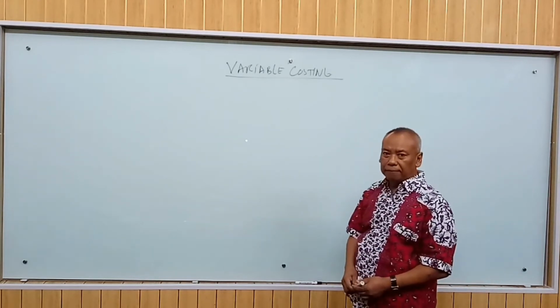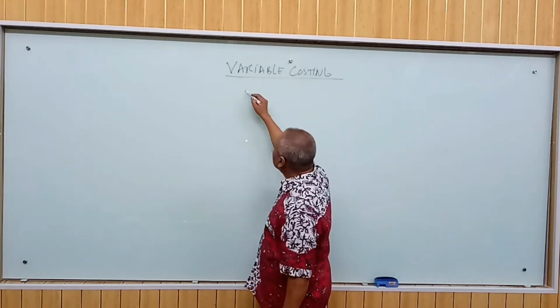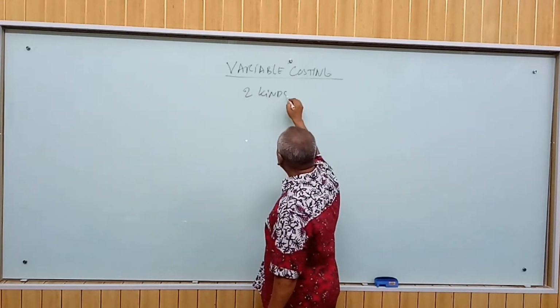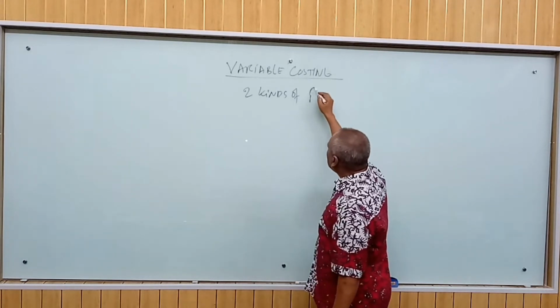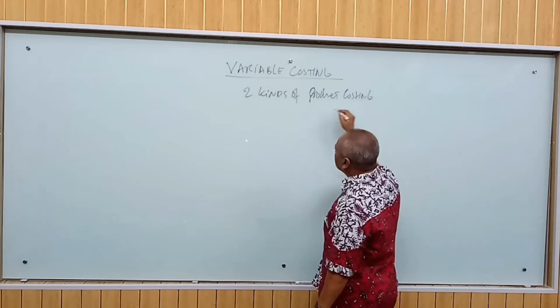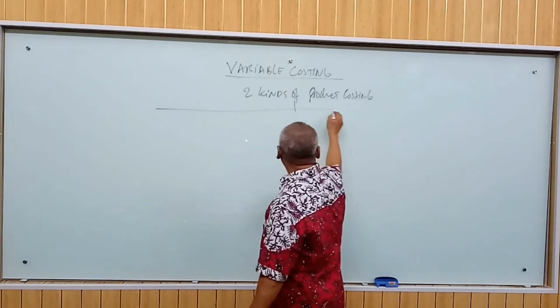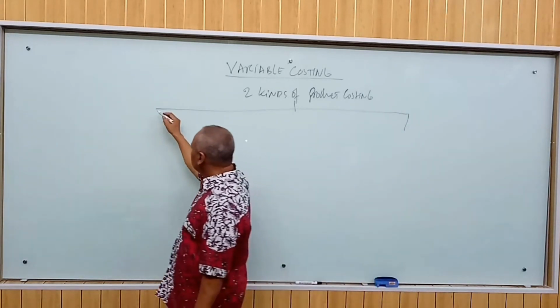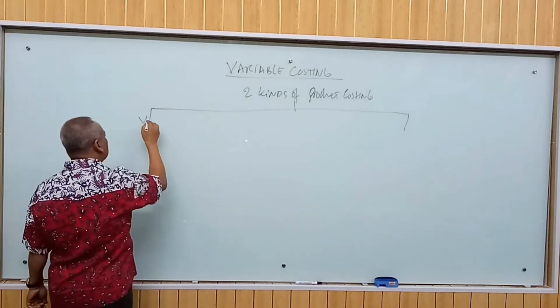Variable costing. There are two kinds of product costing. The first is variable costing.